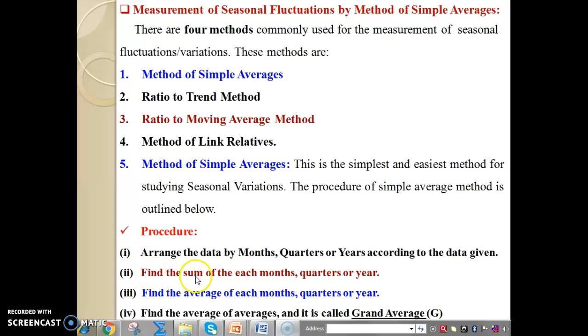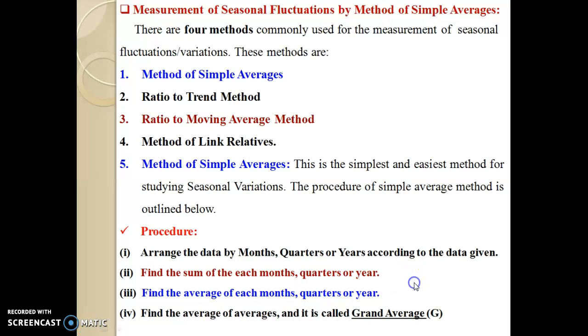Second, find the sum of each month, quarter or year. Third step, find the averages of each month or quarter or year. And fourth step, find the average of averages, which is called the grand average.